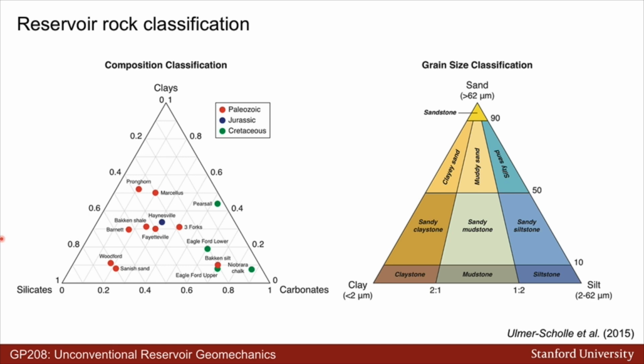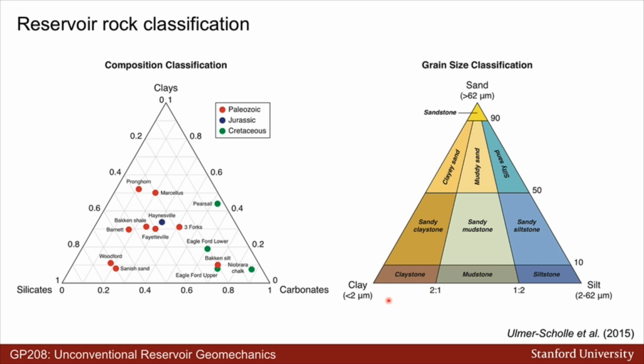And on the right is silt grains, which are intermediate between those sizes. Really when we're talking about these reservoir rocks, we're talking about things in this area of the triangle. These rocks are significantly fine-grained, and because of that, we would consider basically all of them to be either mudstones or claystones just based on their grain size.